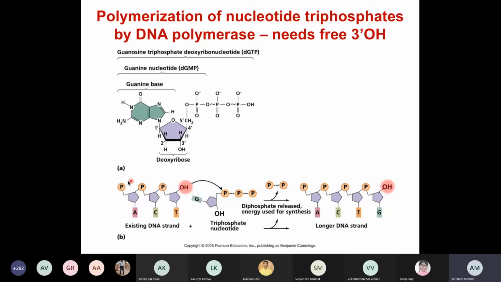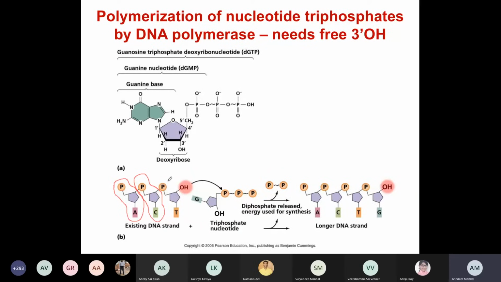So this is one unit, or one nucleotide, which is attached to the second one through this phosphodiester linkage. Similarly, the second one is attached to the third one through this phosphodiester linkage.